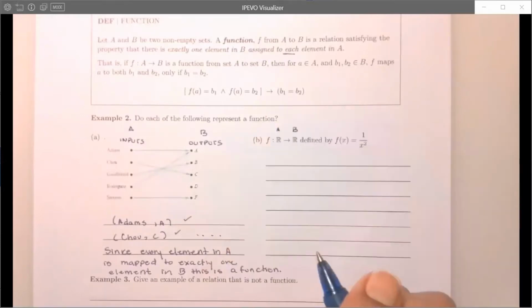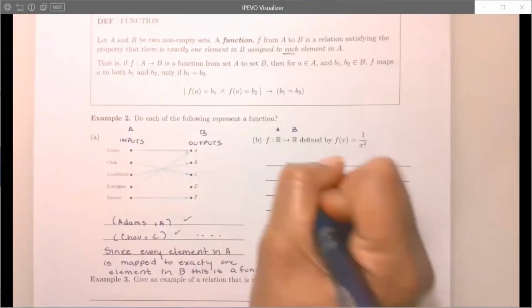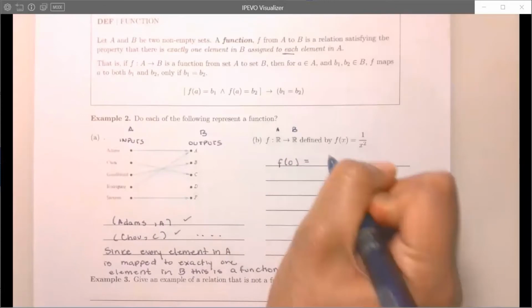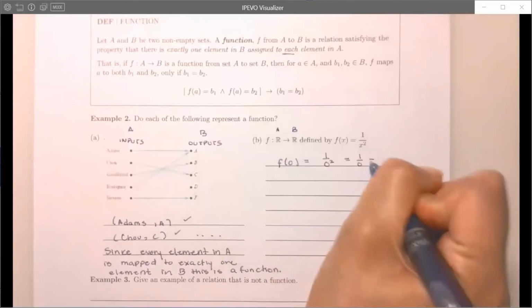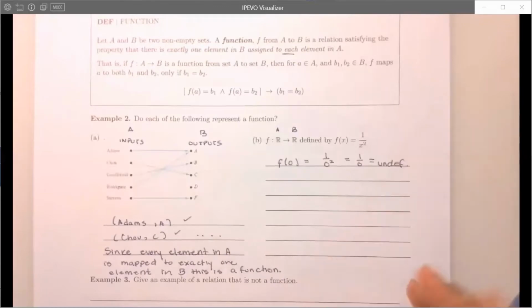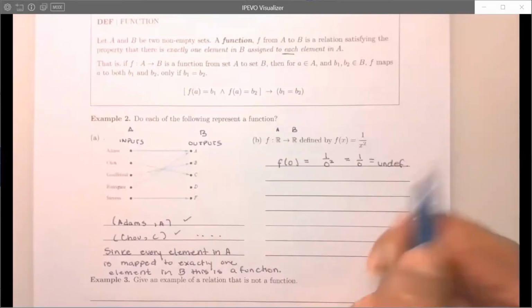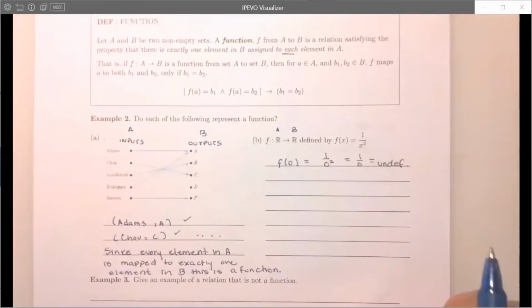Well, in this case, it would be true that almost every real number gets mapped only to one output, except for 0, right? What happens if we plug in 0? Well, f of 0 would mean we have 1 over 0 squared, which is 1 over 0, which is undefined. And undefined is not part of the set of real numbers.